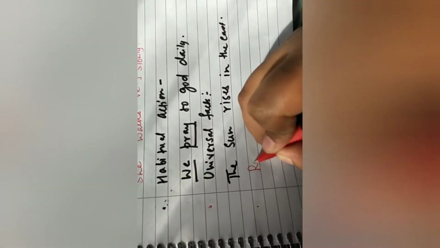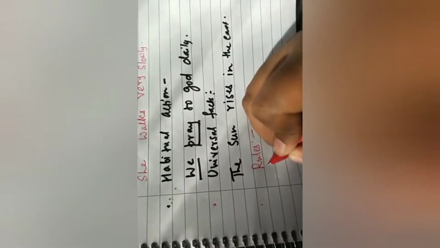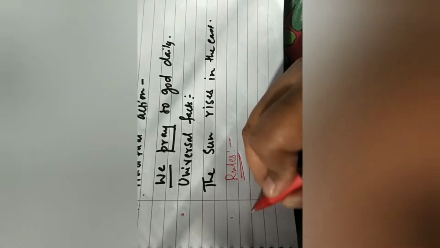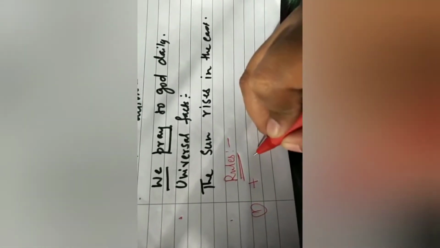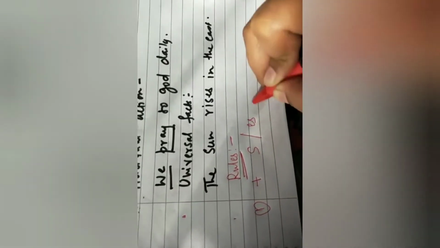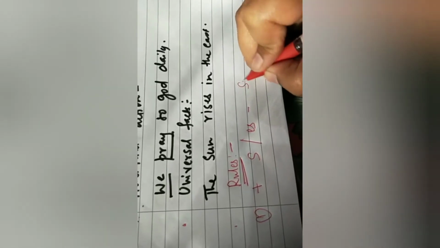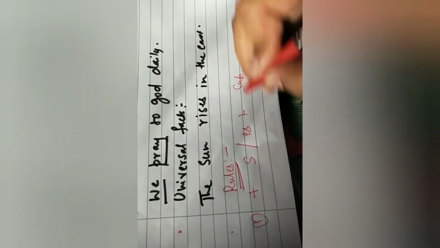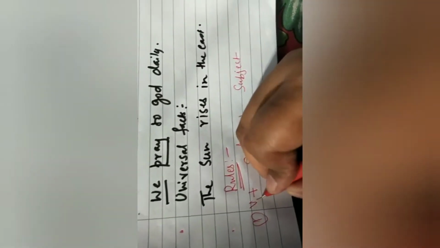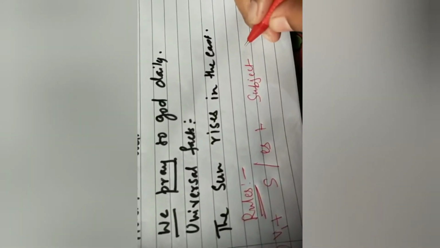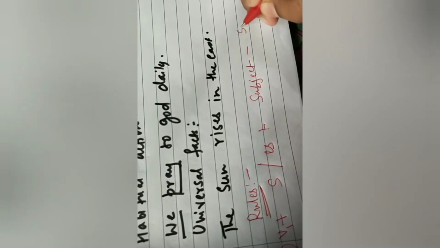Shall we discuss the rules? Yes. The first rule is you need to add S or ES forms with the subject. We'll write V1 plus S or ES if the subject is a singular noun or pronoun.